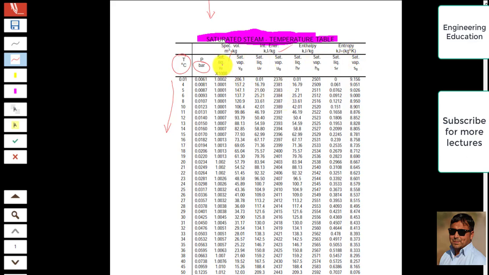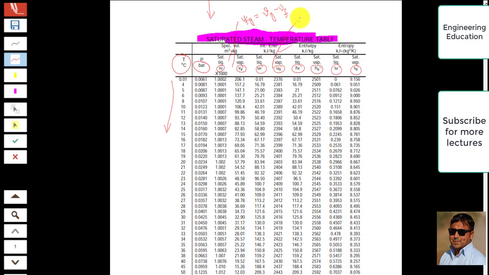So again we have the values of VF, VG, UF, UG, HF, HG, SF, SG. If you look at these values, we have some missing information over here. We can also calculate it from this. For example, VFG is missing, so we can find it from the difference of specific volumes.